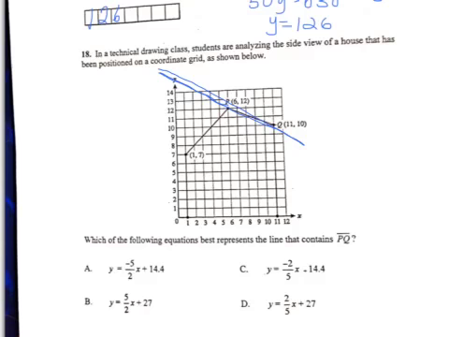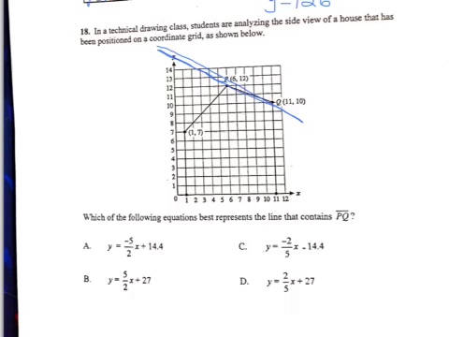We know about the slope a little bit, so I would start looking at the choices. I know that the slope is negative, so it cannot be answer choice B or D because those have positive slope. The other thing I want to think about is the y-intercept.